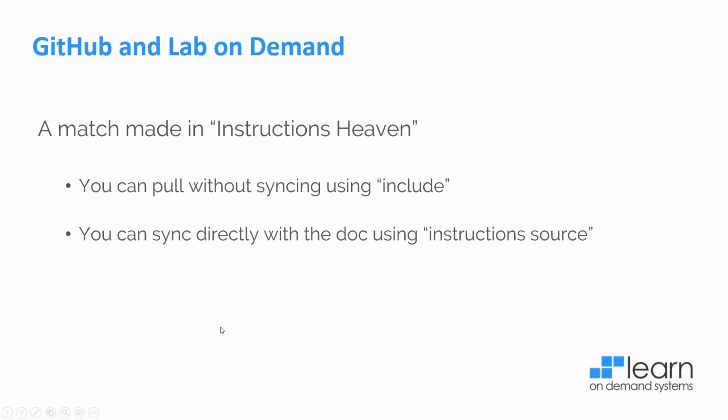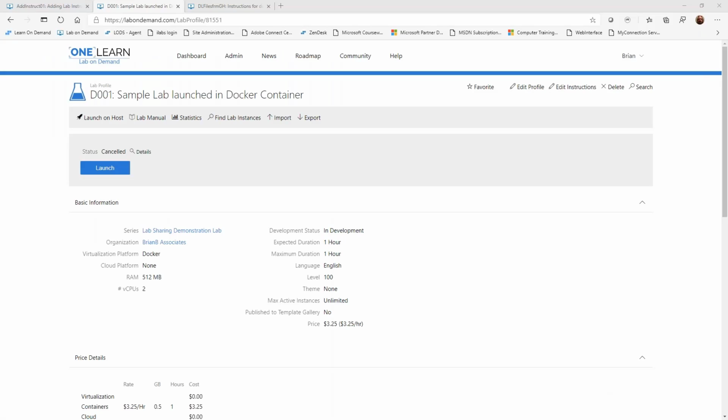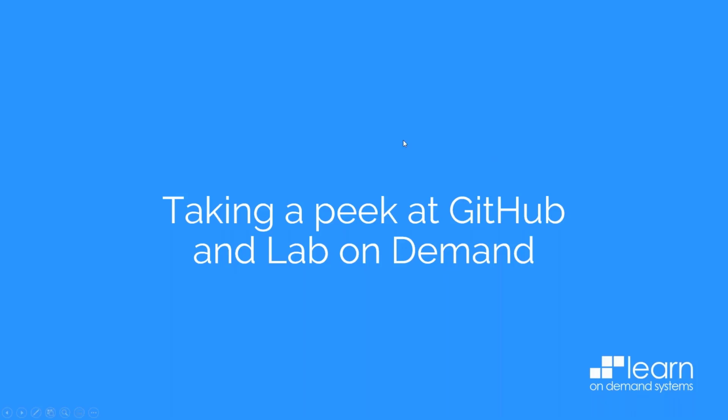So let's give you an example of GitHub, and I'm actually going to show you two separate parts that will give you a comprehensive look at how this works. So let me end my slide here. Taking a peek at GitHub and Lab on Demand.